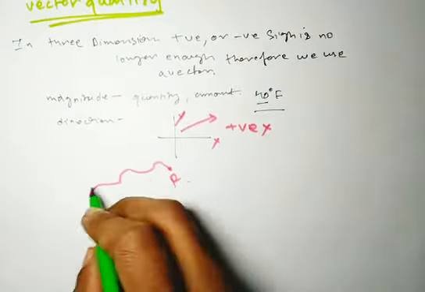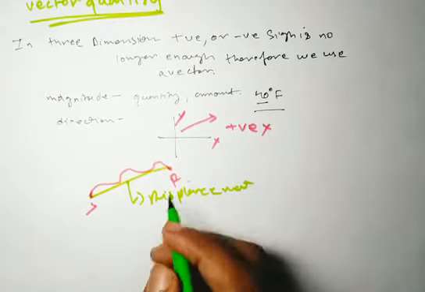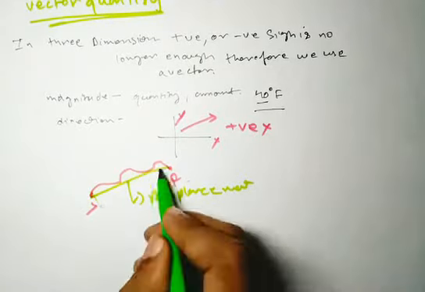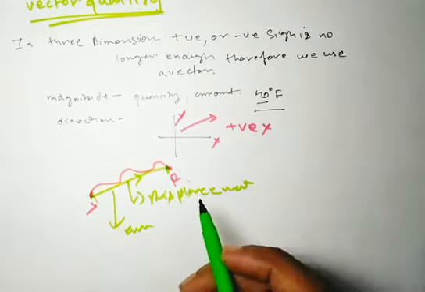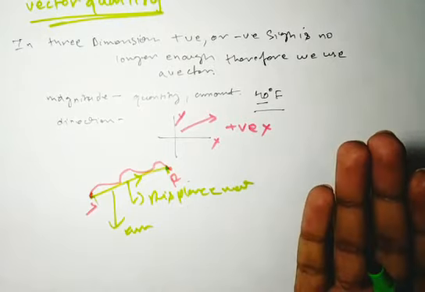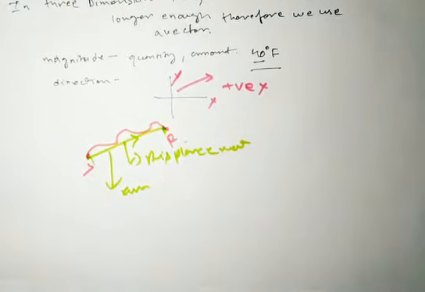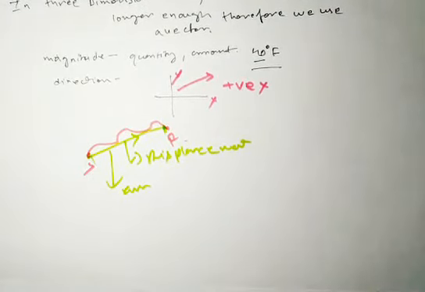So displacement has a particular direction, and it also has a magnitude. This is an amount of magnitude, a particular kilometer, and it has a direction, start to finish direction. So this is called the vector quantity.